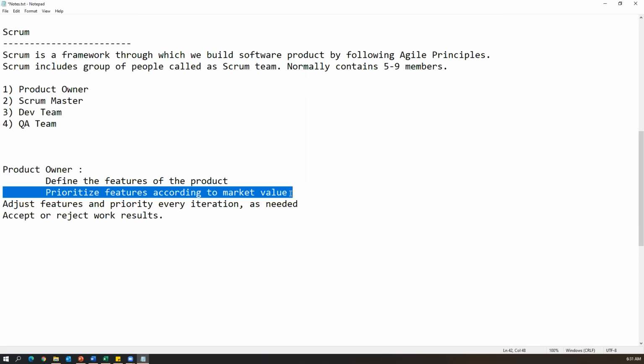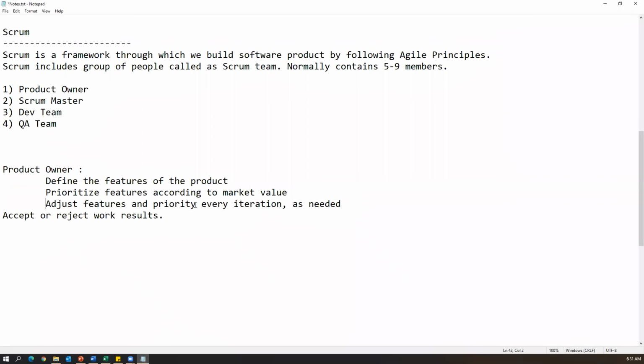The second one is that he prioritizes features according to market value. For example, he collects all the features or functionalities from the customer, and once he has collected them, he will prioritize them. What are the main features really required by the market or customer? He will adjust those features and priorities every iteration.